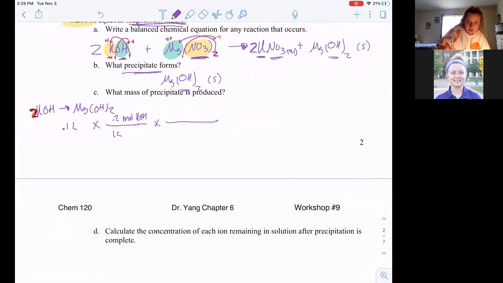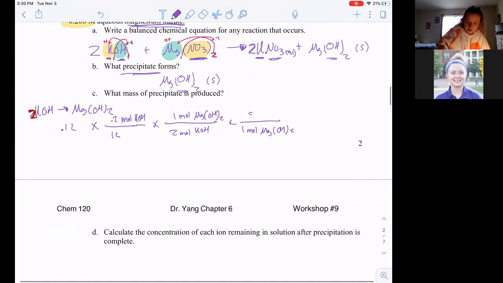And then we have to remember that it's 2 moles of KOH for every 1 mole of MgOH2, by 58.32 grams per mole of MgOH2. That's going to be 0.538 grams of MgOH2.